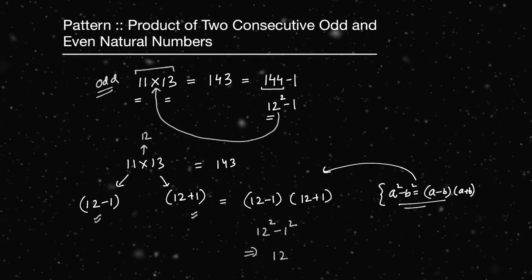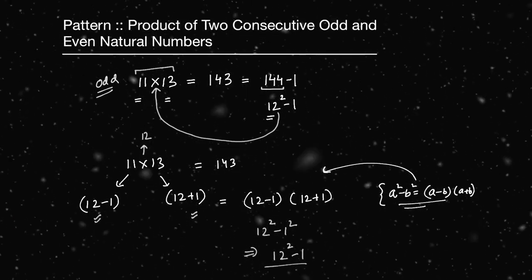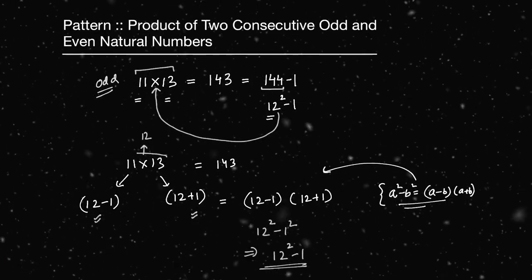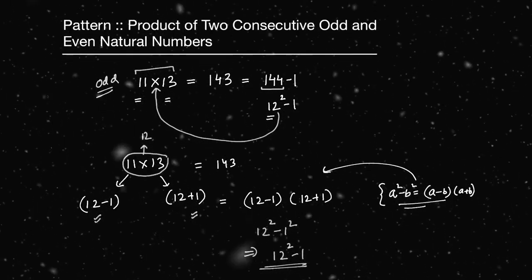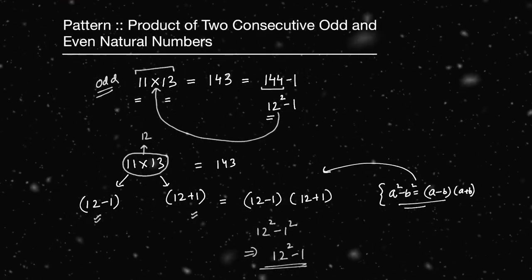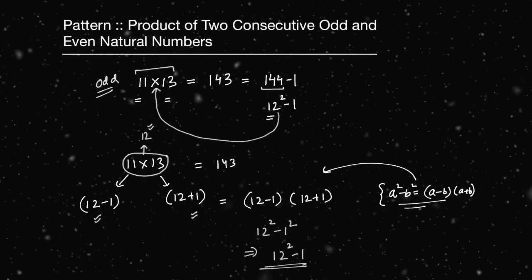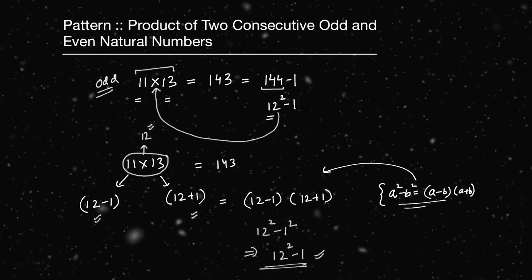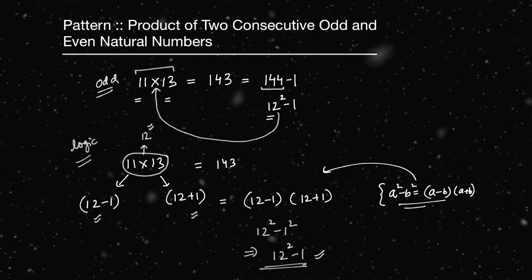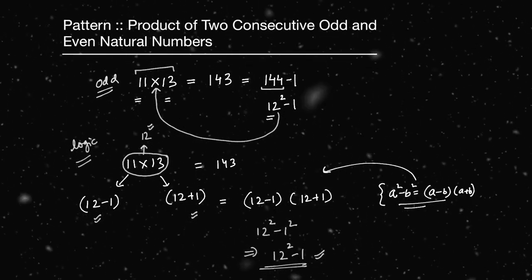Yes, or we can write it as 12 square minus 1. So now we can easily say that whenever we multiply any two consecutive odd numbers, the even number that lies between those odd numbers, squared, minus 1 will be the result of the multiplication of the two consecutive odd numbers. So this is the fundamental and the logic behind this.